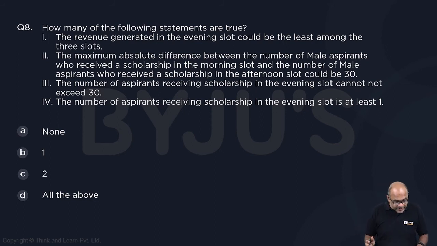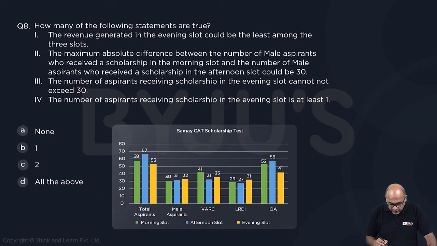So let's do the basic calculation. The minimum revenue in the evening slot is basically 29 of them getting 1/8, because 50% revenue, and 29. So why 29? In fact, let me show you why 29. You can see that 29, 41 and 52. So I can say that 29 students got all 3.